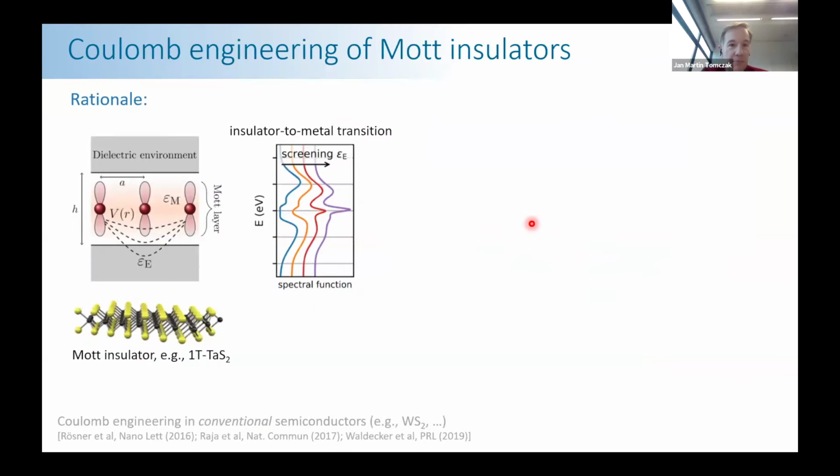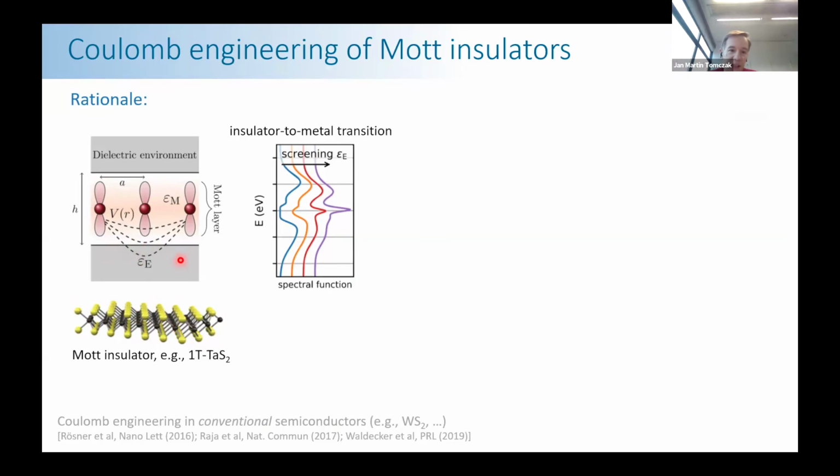Okay. So the rationale of this work is relatively easy. We have a two-dimensional system. We say it's a Mott insulator when it's freestanding, so it's insulating. And now if we bring a dielectric into the vicinity of this monolayer or this 2D system, then how the Coulomb interaction is screened will change depending on the dielectric property of this environment or the probe that we bring close to it.